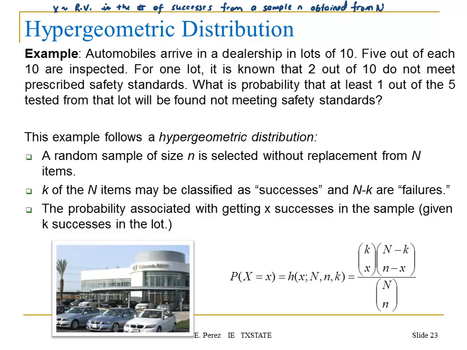In this case, it's very clear that we know that 2 out of 10 do not meet the prescribed safety standards. And then the probability associated with getting x successes in the sample is given that there are k successes in the lot. So based on this description of the problem, we can figure out that this follows a hypergeometric distribution.